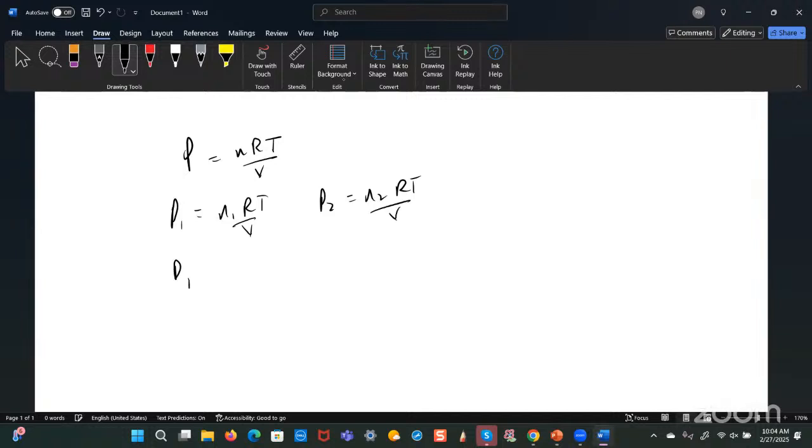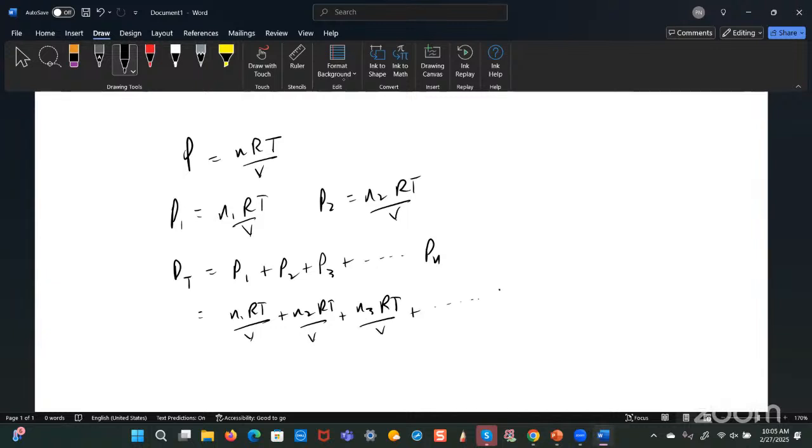So P total will be equal to P1 plus P2 plus P3, and so on to the nth gas, Pn. That will be equal to n1RT over V plus n2RT over V plus n3RT over V, and so on to nnRT over V, all right?